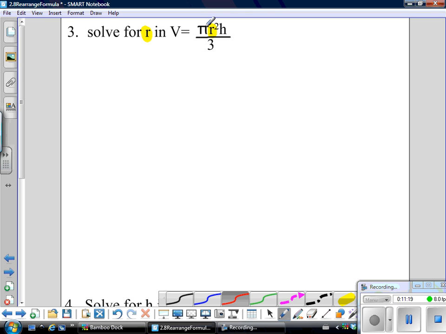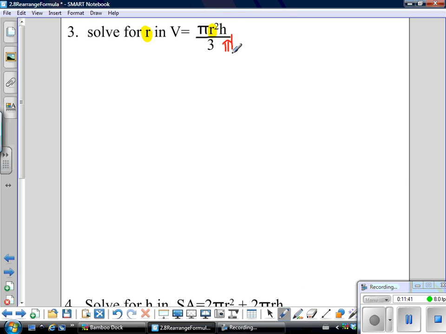Now, what is that pi and that h doing to that r? Well, right now, if I translate it, it says pi times r squared times h. So both the pi and the h are being multiplied by the r. So what I could do is divide both of them by pi h.